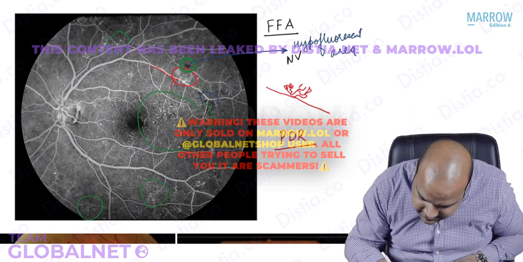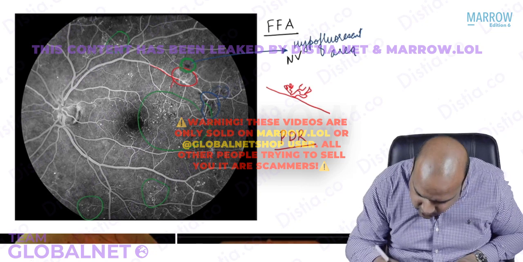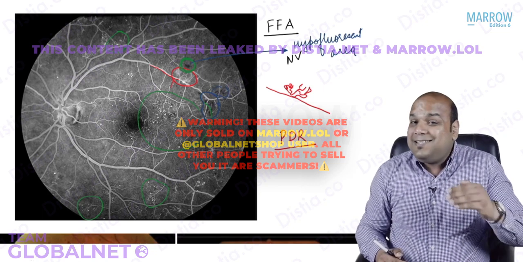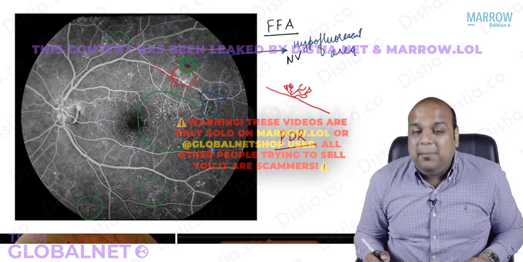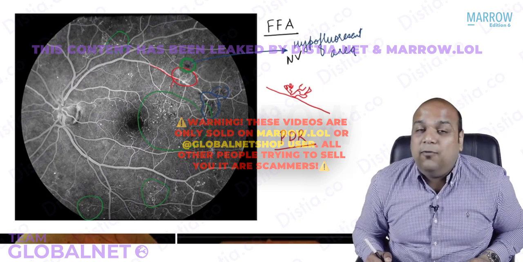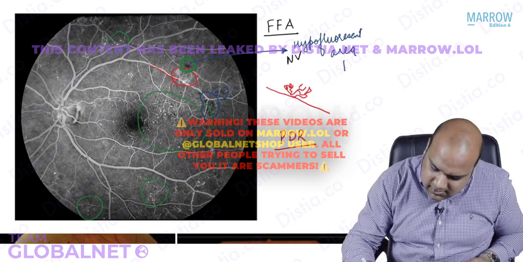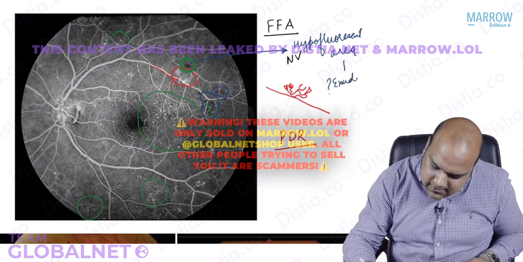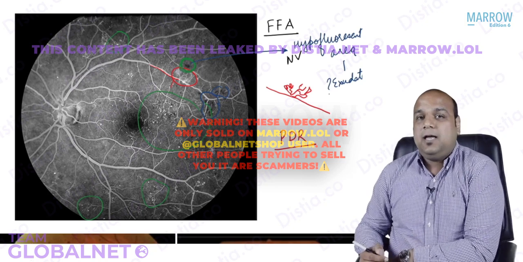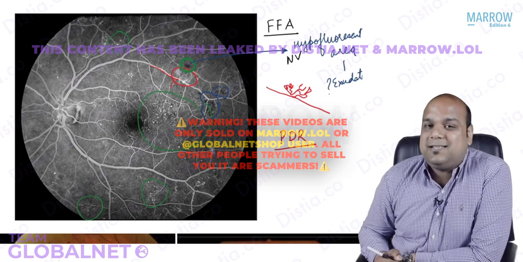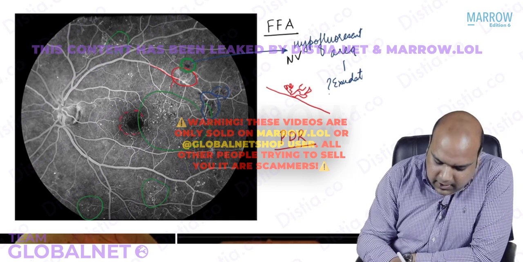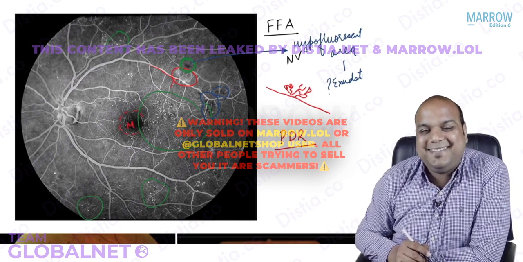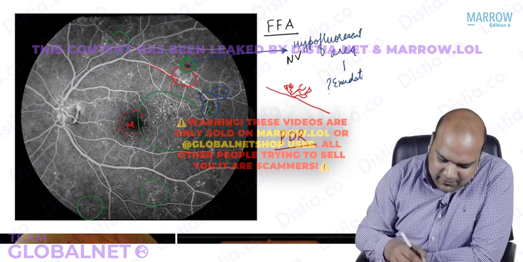Here again I see some hypofluorescent small areas. That means maybe this is a case of exudate. Yes or no? Query exudate. I hope we are clear about this. How do hypofluorescent areas look like? Please remember, this is not hypofluorescent. This is your macula. This is not hypofluorescent. Okay? Now, moving back, everybody.